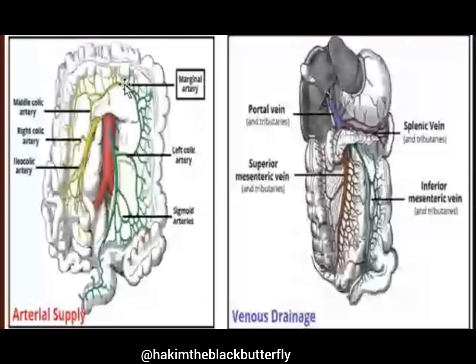And this is the boundary between the midgut and the hindgut. And the veins, you can see the inferior mesenteric vein receiving the left colic vein, and then the middle colic vein draining into the superior mesenteric vein.